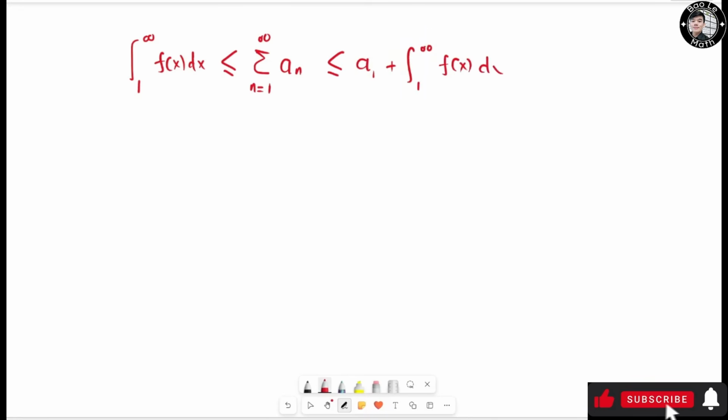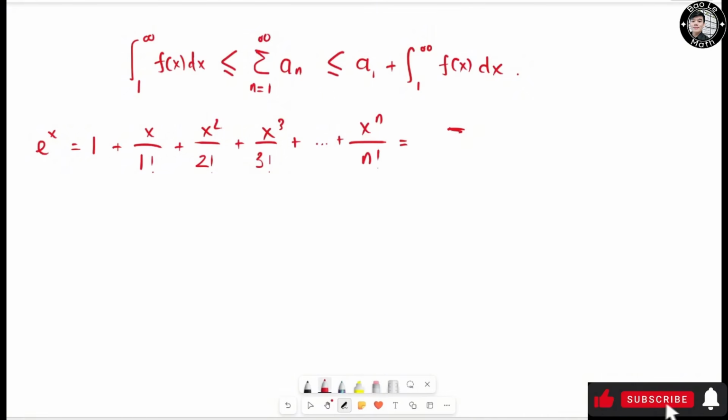Now, three Maclaurin series you need to memorize for the AP Calculus BC exam. Alright, the first one, e to the s is going to be 1 plus s over 1 factorial plus s squared over 2 factorial plus s cubed over 3 factorial plus etc. plus s to the n over n factorial.